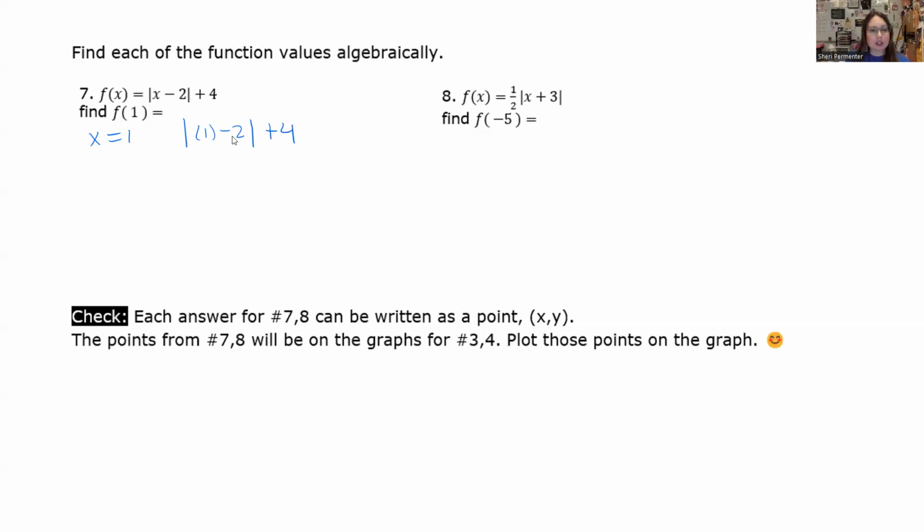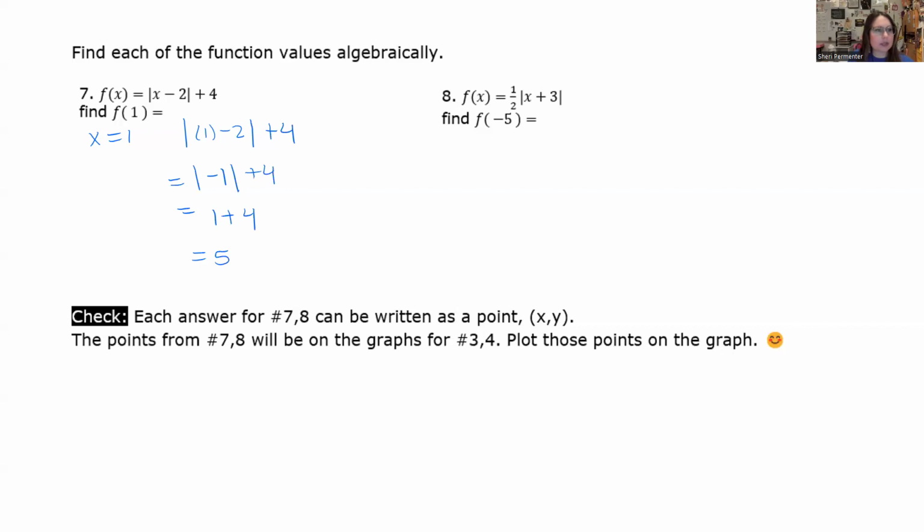What's 1 minus 2? Negative 1. What's the absolute value of negative 1? 1. What's 1 plus 4? Okay, so what we're figuring out, f of 1 equals 5.